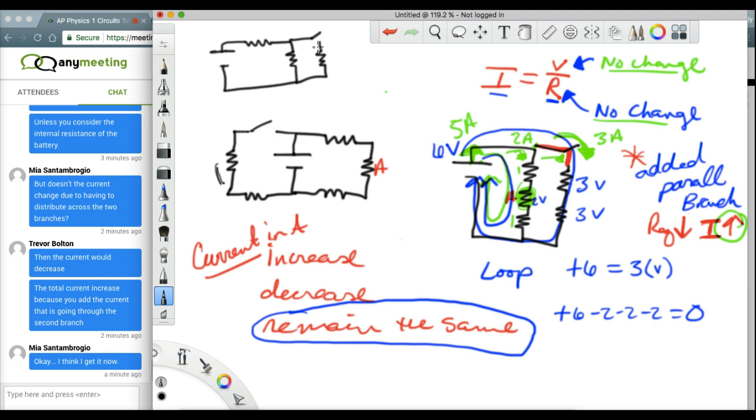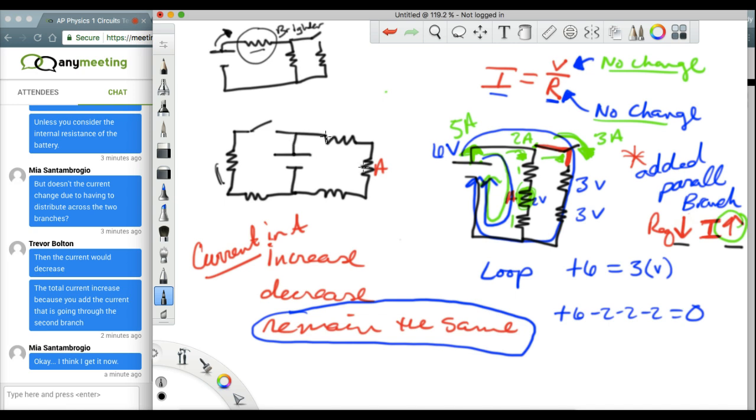So when that switch closed, that bulb got brighter. And we justified that by saying, oh, well, we added another parallel branch, so overall resistance went down, overall current went up. But look, this resistor is in series with the battery. So whatever current is coming off the battery, that resistor is also going to get.